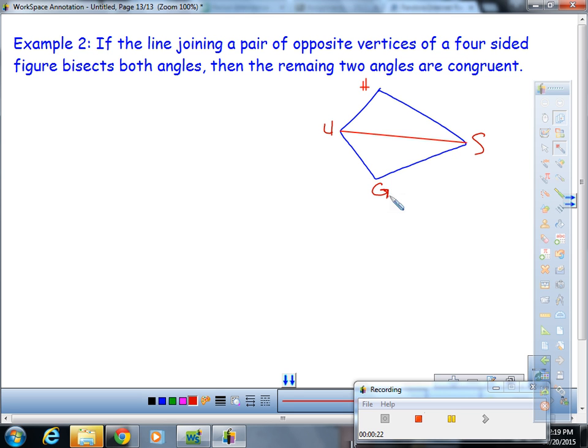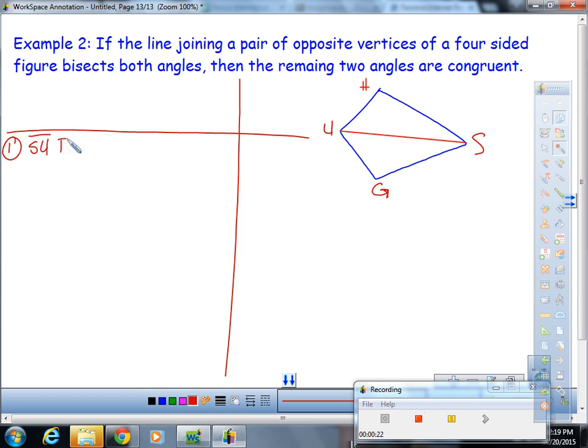What are we given? I'm going to write the given down in the proof here, just to save myself a little bit of time. So, I'll say that SU bisects angle HUG and angle HSG. Okay, is there other givens?